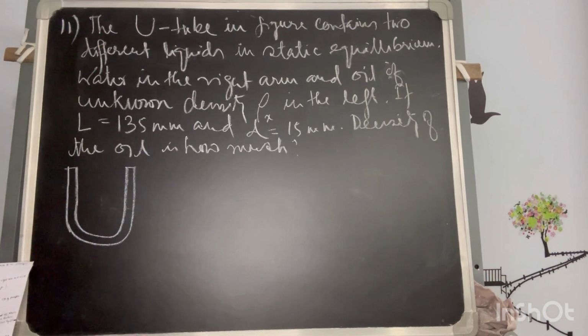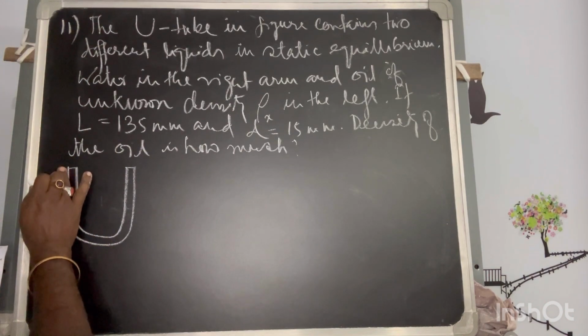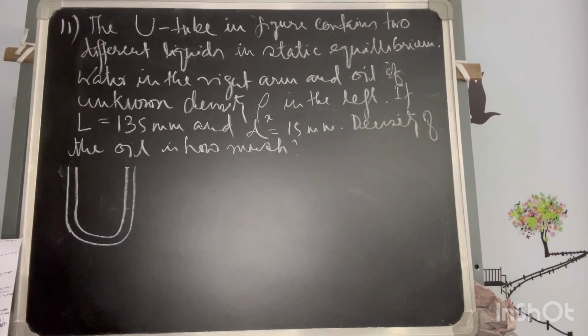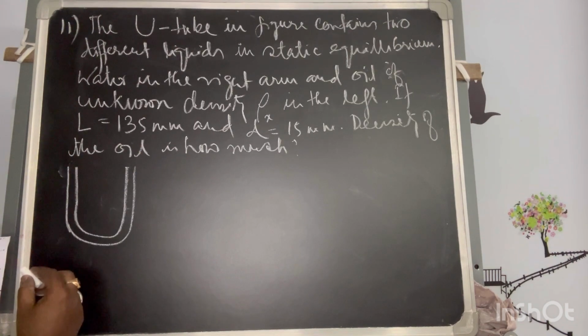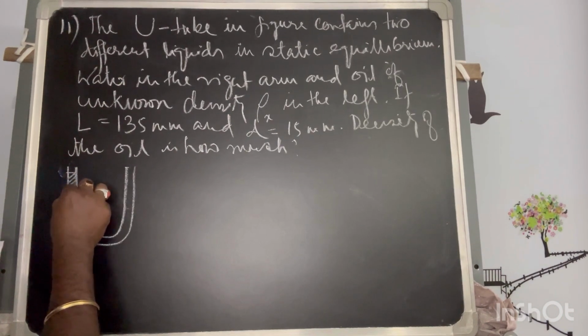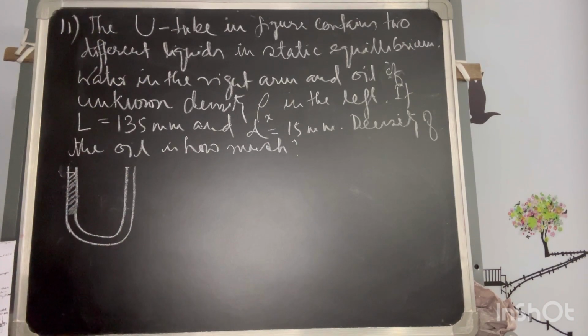This is an open-ended U-tube, both ends are open. Okay, so let it be like that. And oil is poured, let's say oil is marked with a hash line, this one.